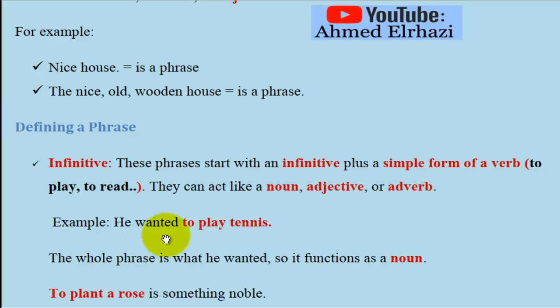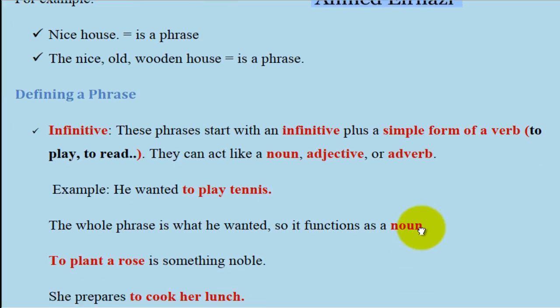Example, he wanted to play tennis. He wanted to play tennis. يعني the whole phrase is what he wanted. يعني الفريز كاملة هو داك الشيء اللي بغا. يعني so it functions as a noun.